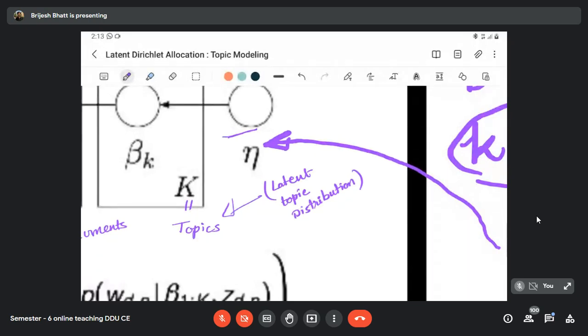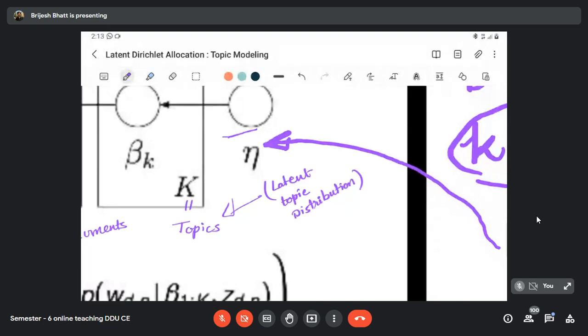In this case, the latent Dirichlet allocation technique that we are discussing today, the number of topics is fixed, but what kind of topics are there is not fixed. We want the algorithm to find out itself whether it is a politics document, sports document, entertainment document, or science document.